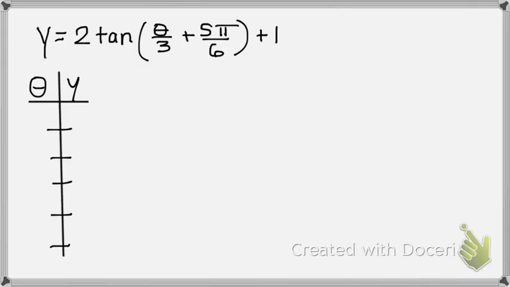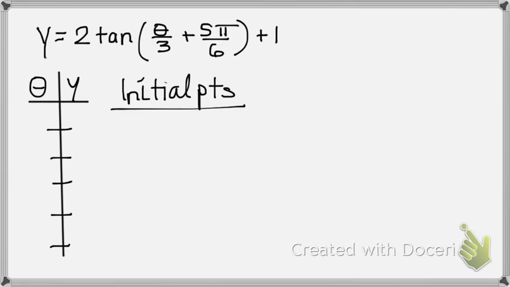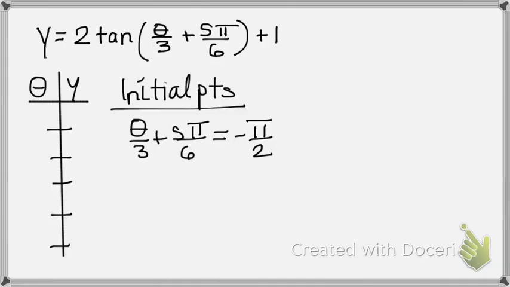We're gonna begin with an initial point, and all of the initial points are started by taking the argument. For all of them except tangent, we set that argument equal to 0. But for tangent, we're going to set the argument equal to negative pi over 2. And then from there, we're going to solve for theta.